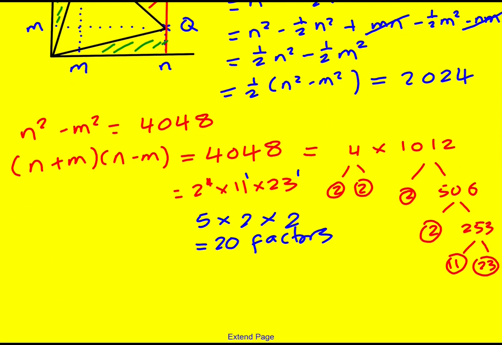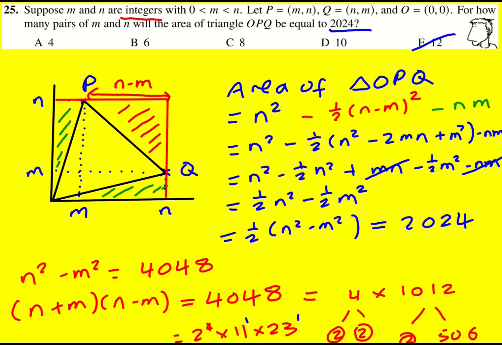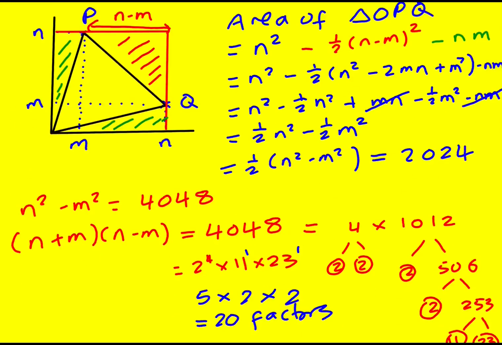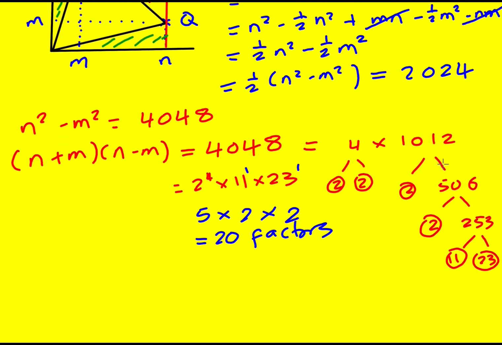That's pretty tough at this stage of the competition, because you may be running out of time on question 25 with minutes to spare, and now you've got to check whether they're valid. It turns out some of them are not valid. Let's say that n is even. Then if m is odd, we would get an odd number here and an odd number here, and there's no way we could get a solution.